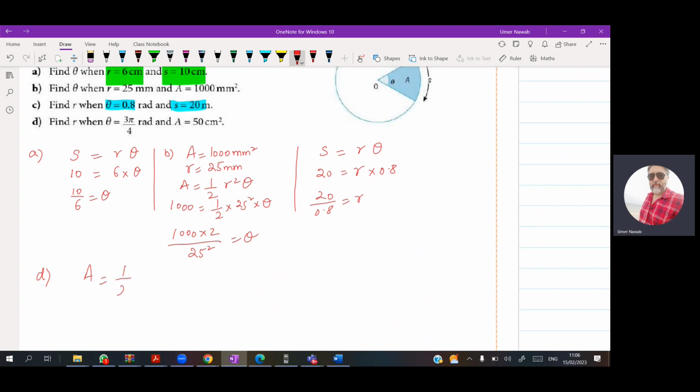So I'm going to write half r squared theta. 50 equals half, radius I want to find, theta is 3 pi by 4. Use your algebra skills. Send the things to the other side. 2 is gone there, 4 is gone there, and 3 pi goes to the denominator on the left-hand side, giving r squared. I'm going to put a square root here, and that will give me the radius.